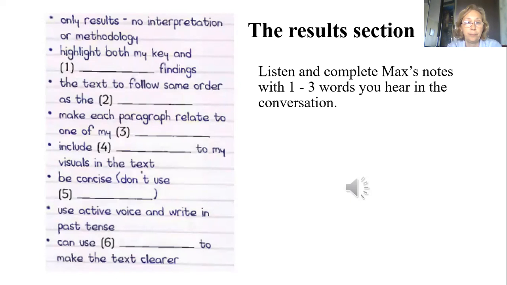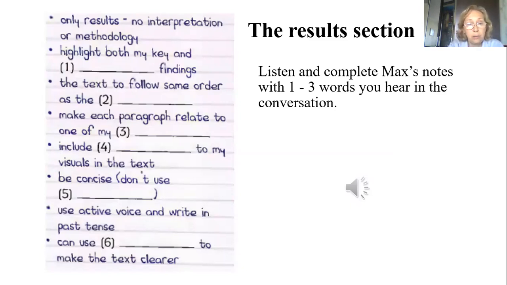I see. For me, the best one of the pieces of advice that I like, that are useful for me, is using active voice in this section, because this is news for me. I didn't know about this.